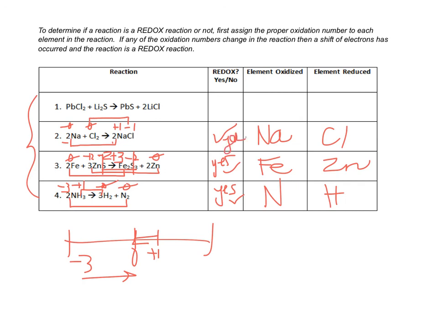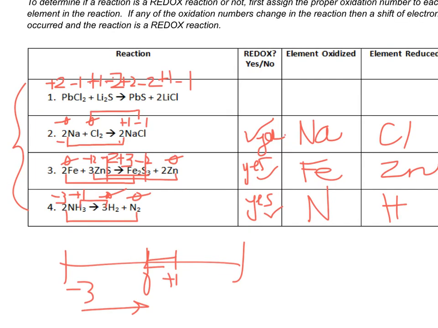Then let's go back to number 1. I was avoiding it because there were no elements in there, so you have to really go backwards on everything. Chlorine is a halogen, that's rule number 5, -1, but there's 2 of them, which would be -2, making lead +2. Lithium is an alkali metal, rule number 2 for redox, so it's going to keep a +1 oxidation number. There's 2 of them, which is +2, which makes sulfur -2. Lead is +2, lithium is +1, chlorine is -1. Looking at one element at a time, lead was +2, no change.